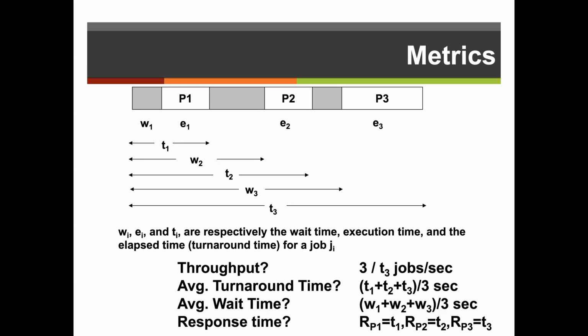And so when we think about this, we can quantify those with specific measurements to evaluate or quantify these values. What we want to keep in mind is that we consider metrics such as throughput, average turnaround time, and average wait time to be system-centric metrics, while response time is what we consider to be a user-centered metric.